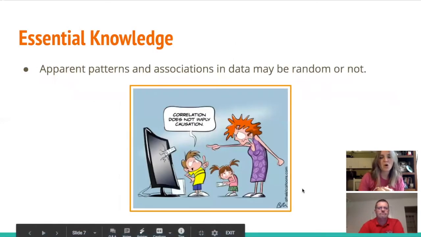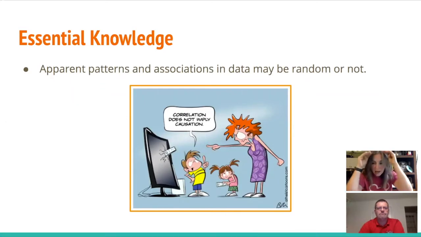Okay, so one of the things we have to hammer into our brains is that patterns and association could be random or not random, but you can't assume. You cannot say it has a pattern, so I can draw an immediate conclusion. You cannot do that.